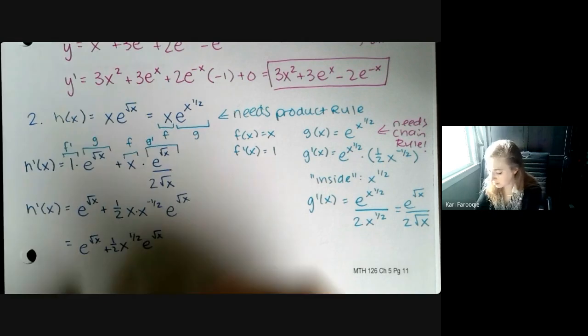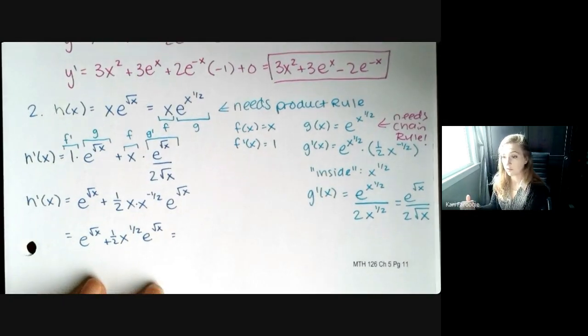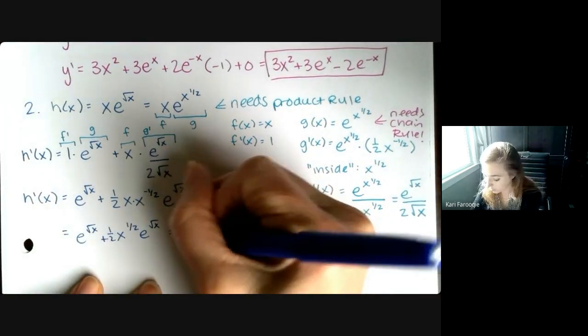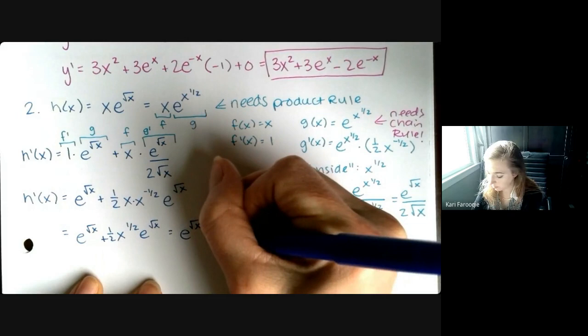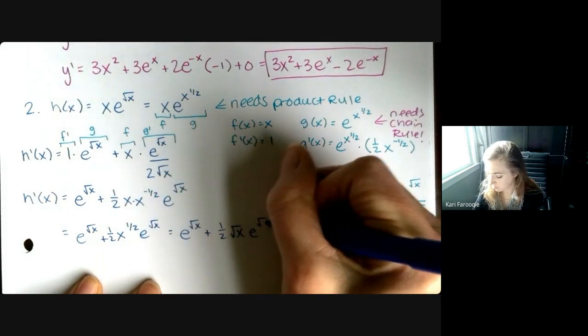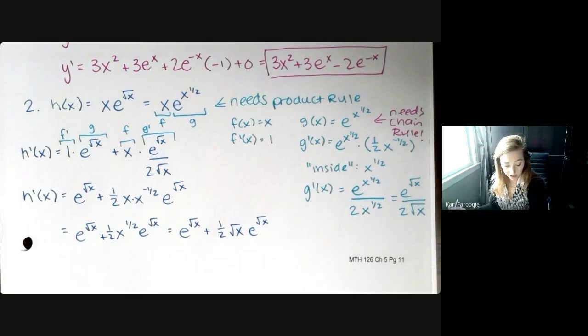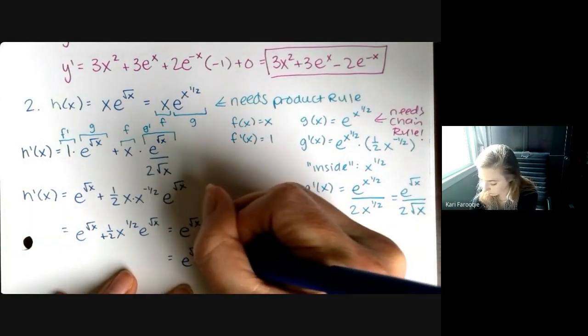This is fine. Personally, I feel like it's weird to mix rational exponents and radicals. So if it were me, I would probably leave it as e to the square root of x plus 1/2 square root of x e to the square root of x. Another thing that you could do is factor out the e to the square root of x.